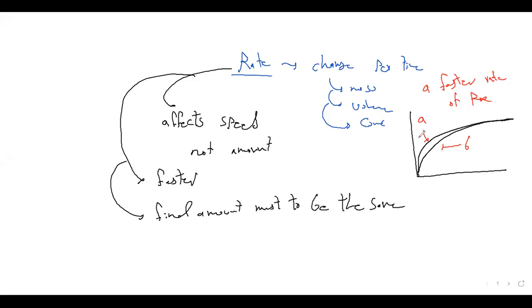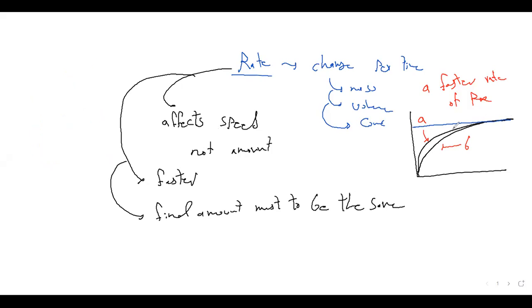The final amount for both must be the same. If I draw A and B with different final amounts, that is wrong. Rate affects speed, not amount. Speed can be faster or slower, but the final amount must be the same. This is number one.